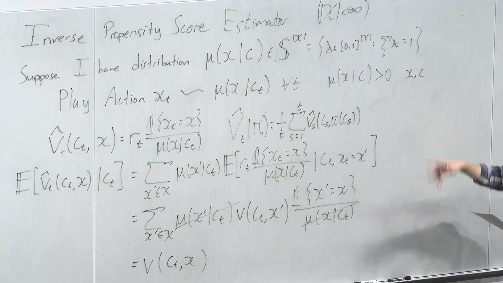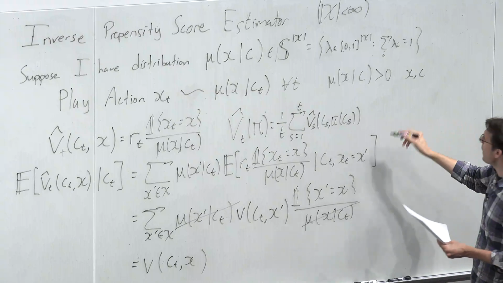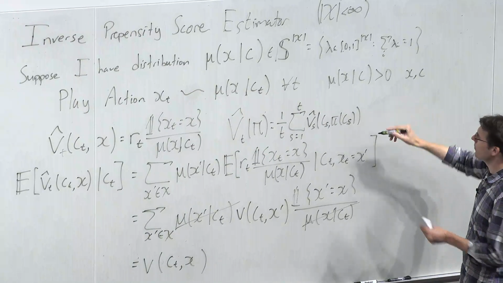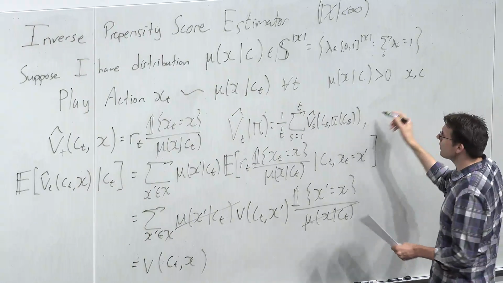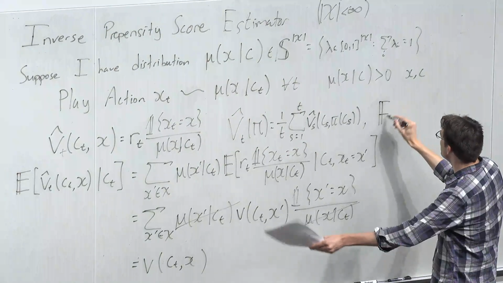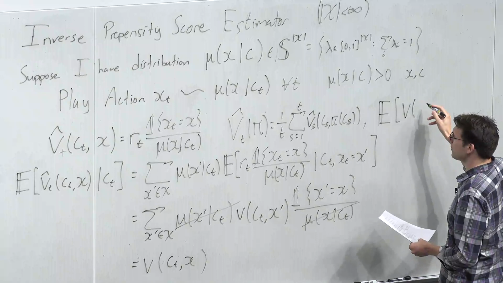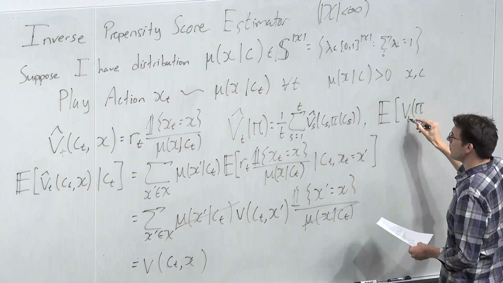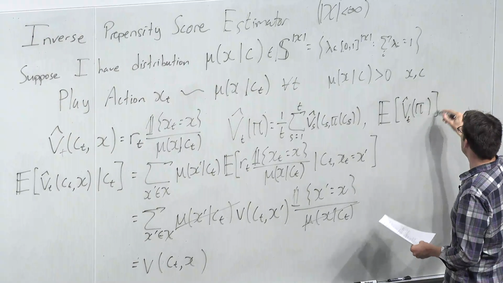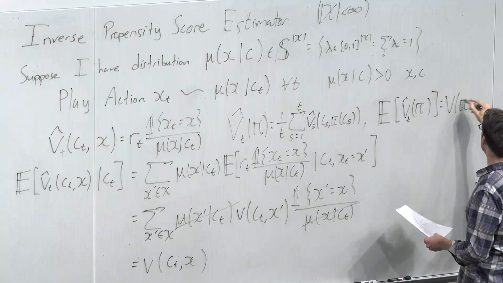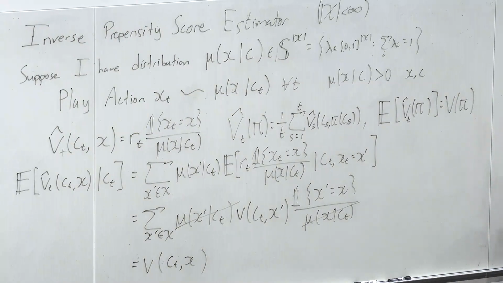So the expectation is an unbiased estimator, but the variance is very large. And if we go through this same calculation, just as a comment, we also have the expectation immediately by the linearity of expectation equal to v of pi, because it's just summing them up.